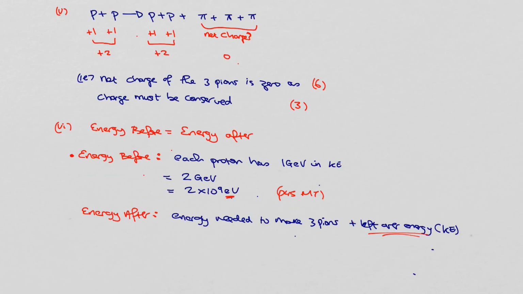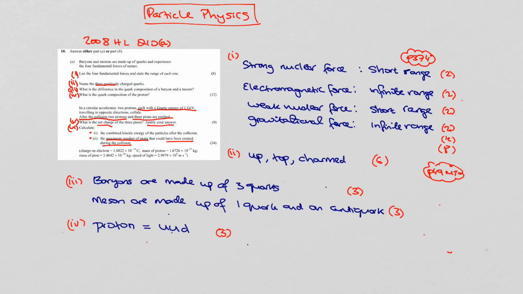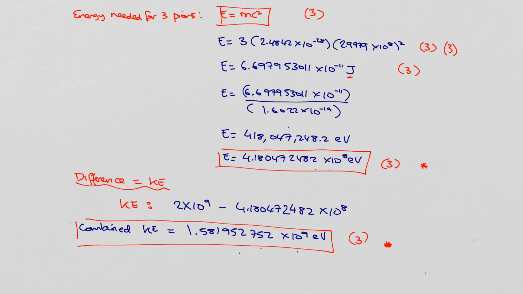Let's go back. It says, what's the maximum number of pions that could have been created during the collision? So that's in total. We saw that in the collision we had 3 pions emitted. So all the extra leftover energy, if it's converted into just pions and no kinetic energy, with maybe a tiny bit of kinetic energy left over, then what we would have is the 11 plus the 3.